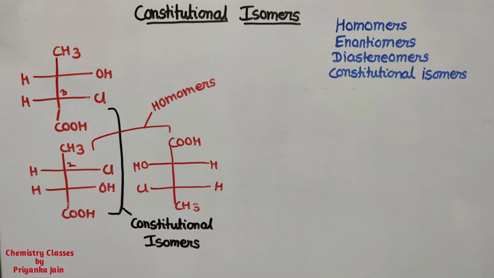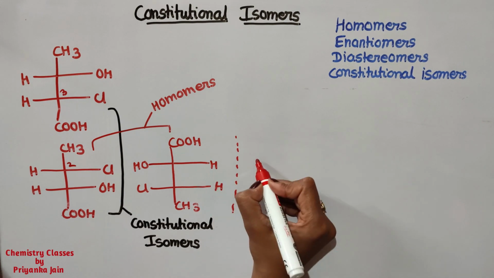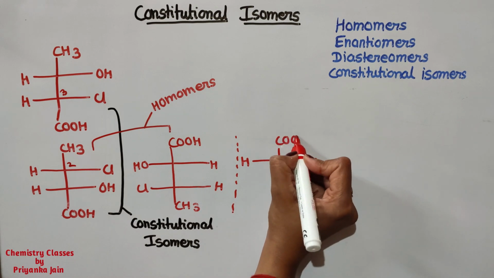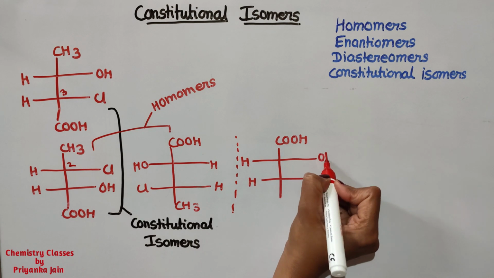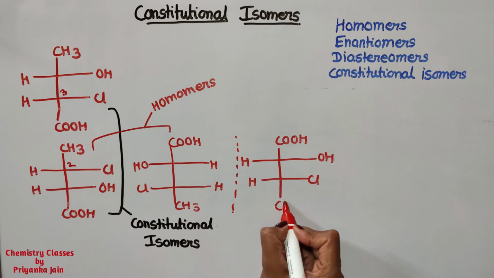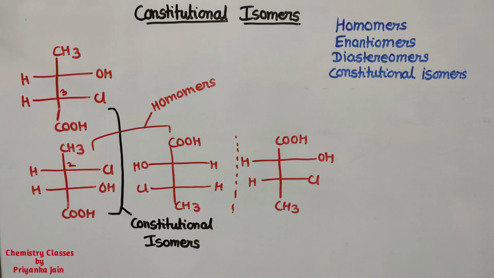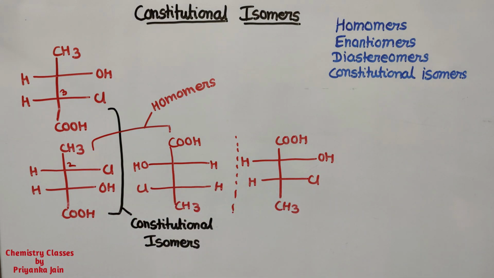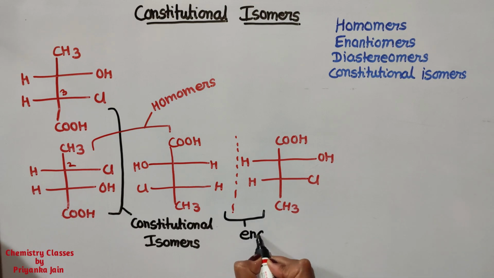Okay, and if the 2 isomers are the mirror images of each other, in this manner, now you can see here, if we are rotating this, we are not getting the same structure, but these are the mirror images of each other. So these will be called the enantiomers.